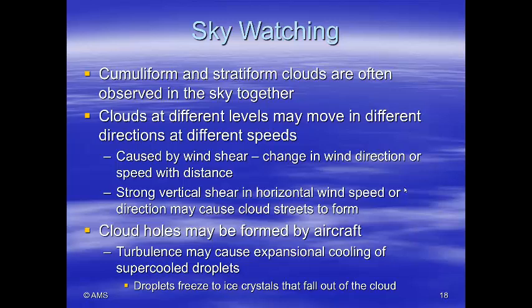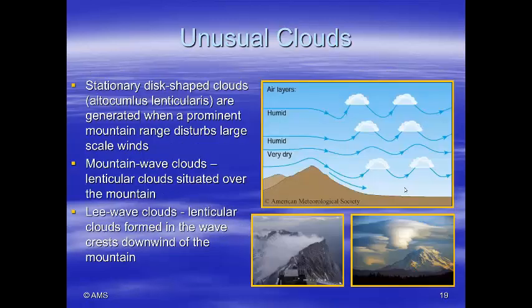You also might see holes that are formed by aircraft, so the turbulence may cause expansional cooling of supercooled water droplets. These droplets freeze to the ice crystals that fall out of the cloud. Here are some unusual clouds.